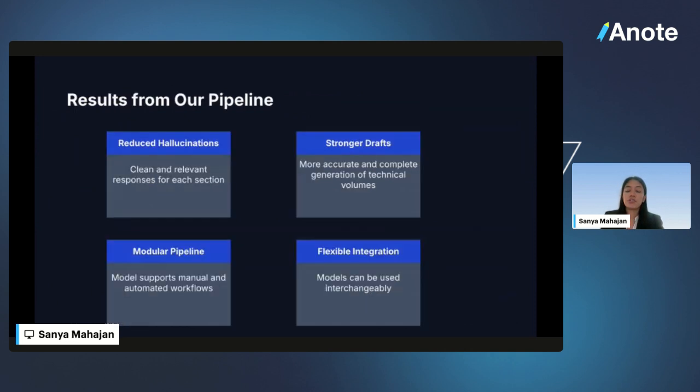Just a little more into the results. We've seen reduced hallucinations, as I've talked about before, clean and relevant responses for each section, and the model supports both manual and automated workflows. We have that modular design that I was talking about earlier as well. We also have stronger draft content.